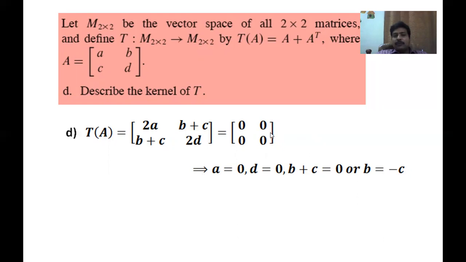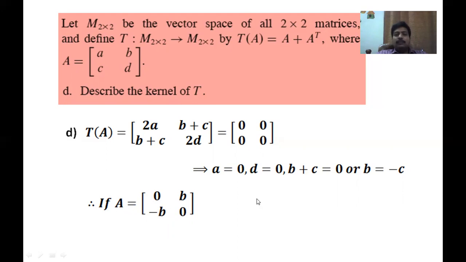So these are the conditions for a matrix A so that T of A will be equal to the null matrix. If I replace these values, instead of a, b, c, d, a is 0, b is b, c is minus b, and d is 0.